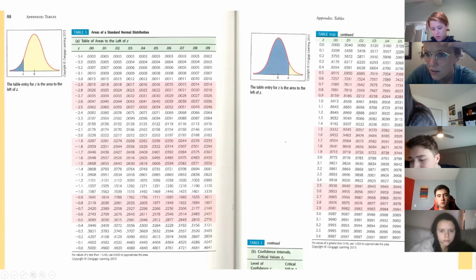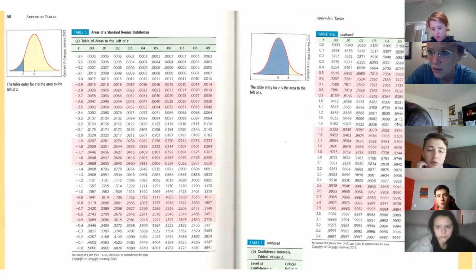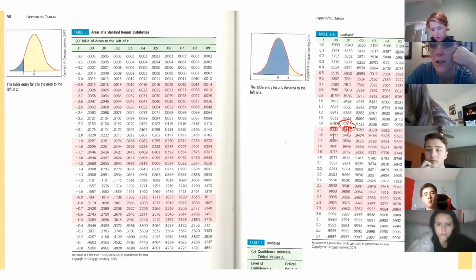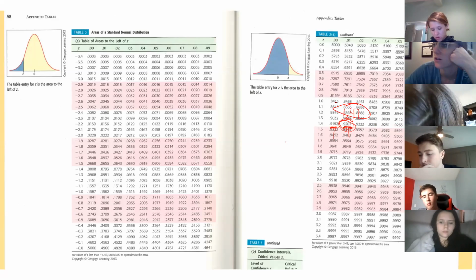What is it, Jack? 1.41. And why did you choose that instead of 1.40? It was closer. Yep, exactly. This one is 7 above, this one is 8 below, so go with this one. So the answer is 1.41. Good job, Jack.